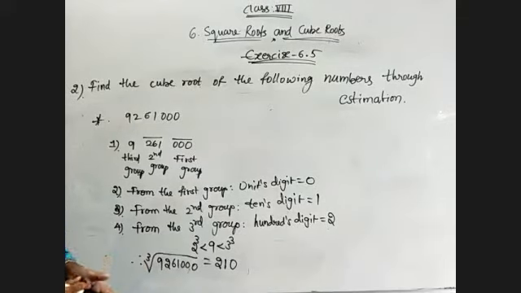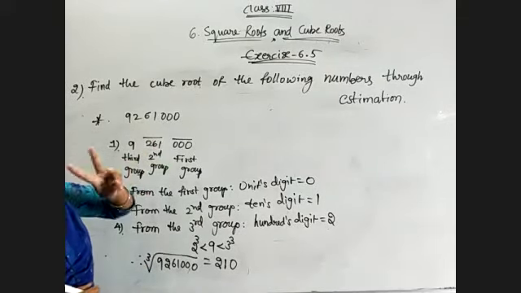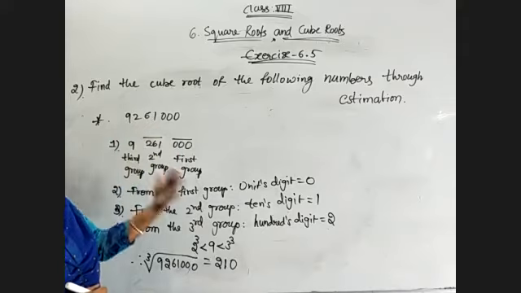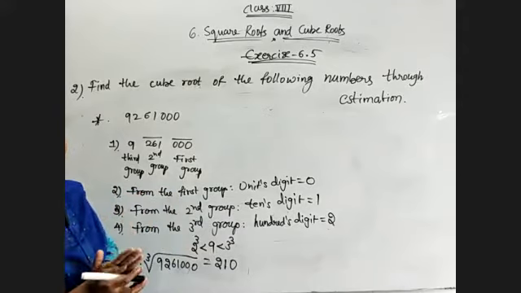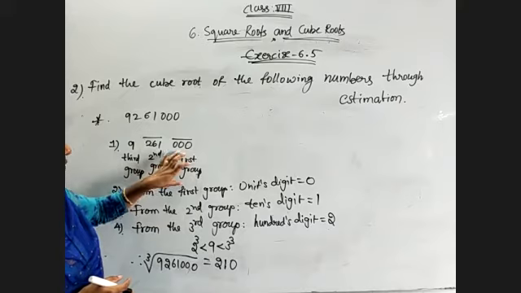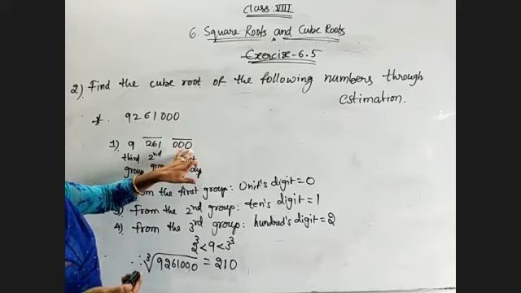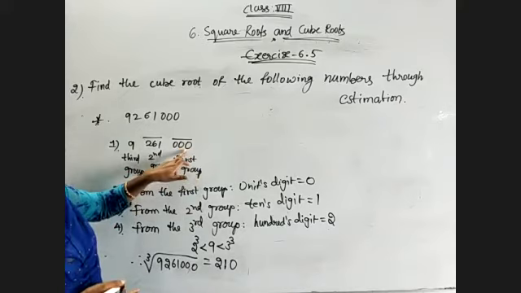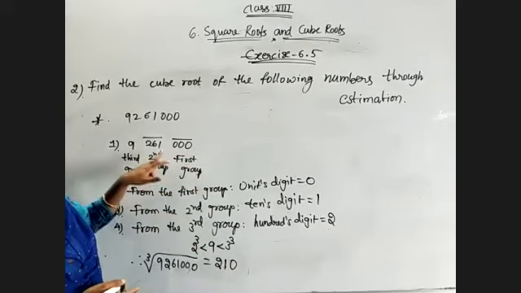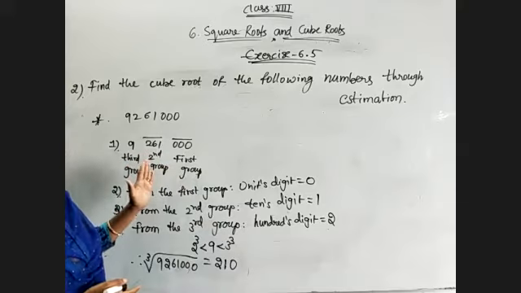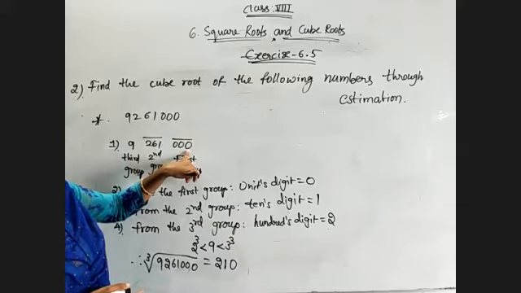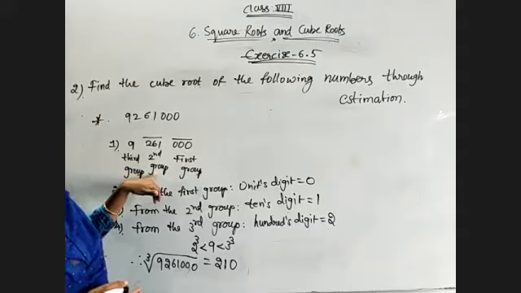So just observe, if you are getting only 2 groups, for the last group we need to take in which cube values it is lying, and that number we must take. And here observe the first group is having 0, so its unit digit is 0. Means 0 will give 0 only in cube values. And for 1 we will get the cube root also 1 itself. So observe here how we are deciding the unit digit from the first group. Like that only, for the second group we decide the tens digit.